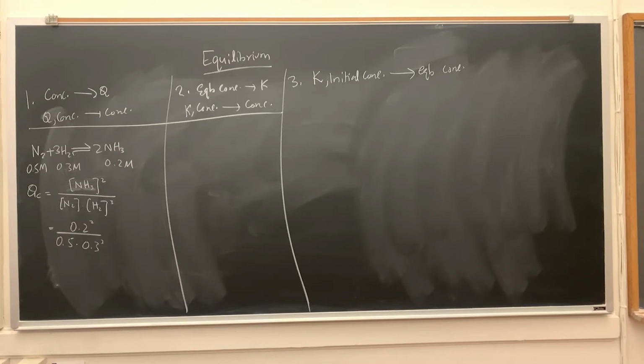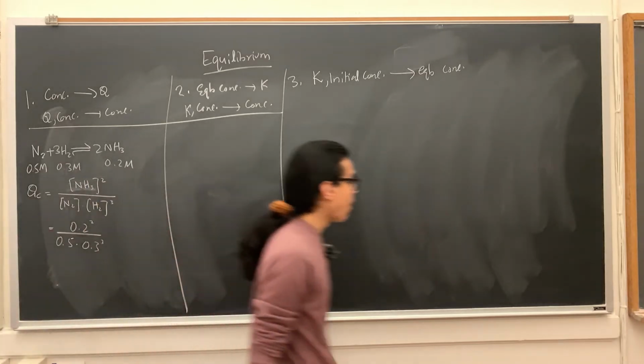No units. Both reaction quotient and constants do not have units. Even though you might be tempted, it's molar squared, molar cubed. No. No units. Excellent question. Yeah, common source of confusion.